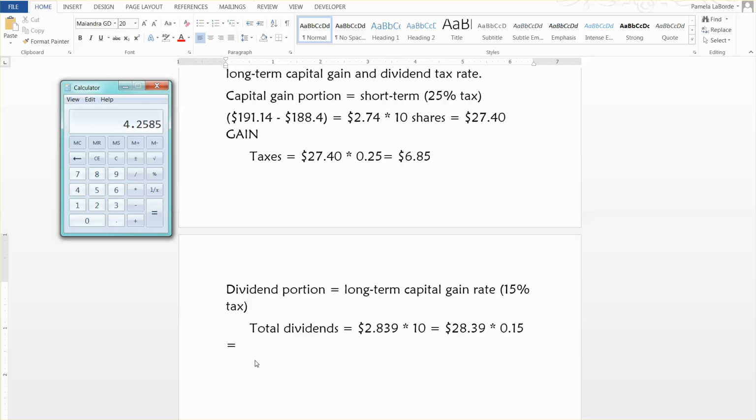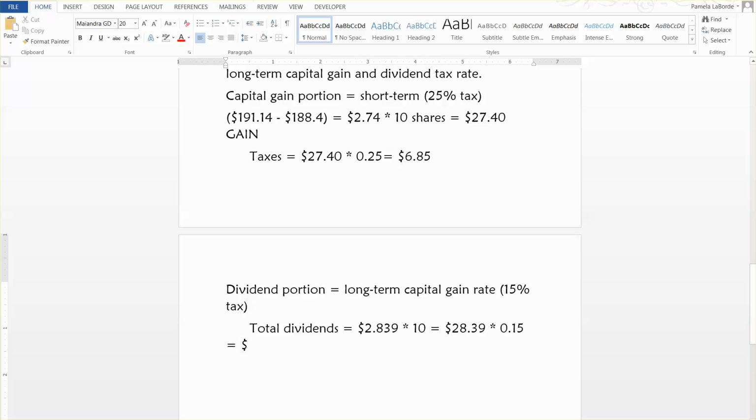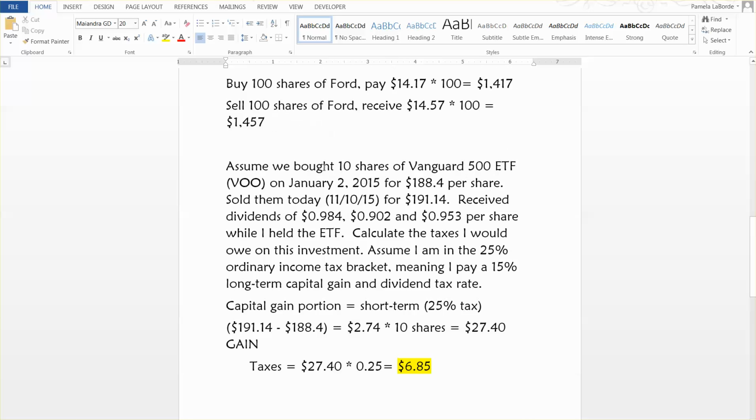So I'll owe $4.26 in taxes on my dividends. So altogether on this transaction, I'm going to owe the 4.26 and the 6.85. Now, let's say that I had purchased shares of VU back in 2014, maybe January the 2nd of 2014.